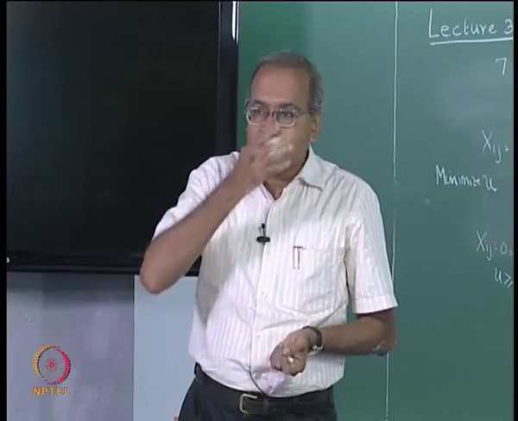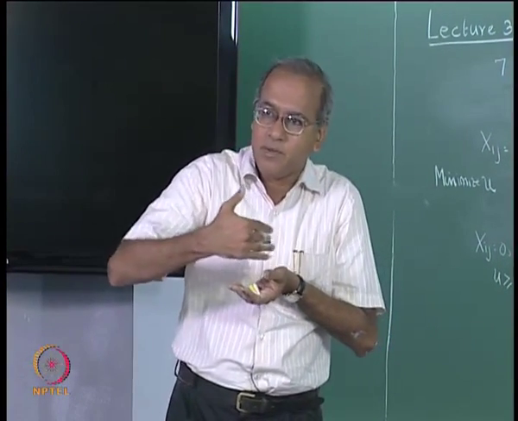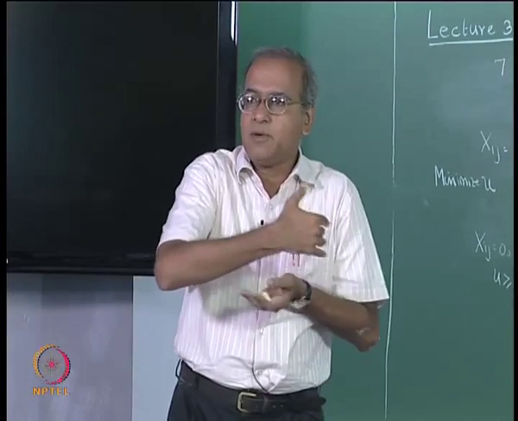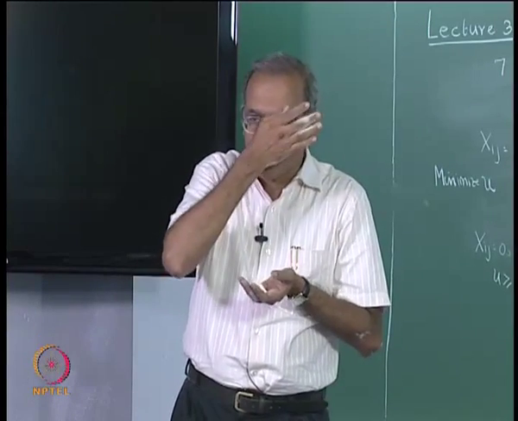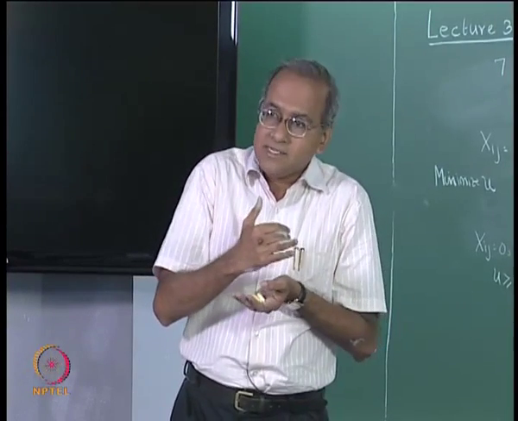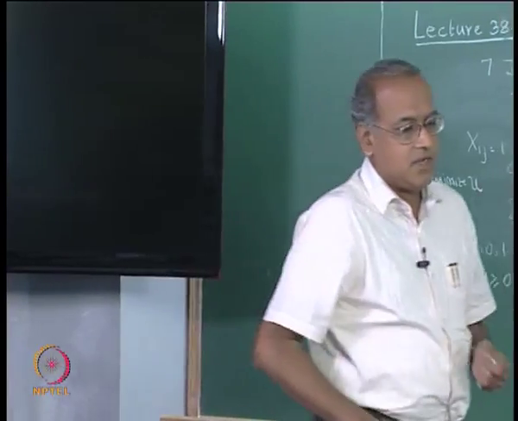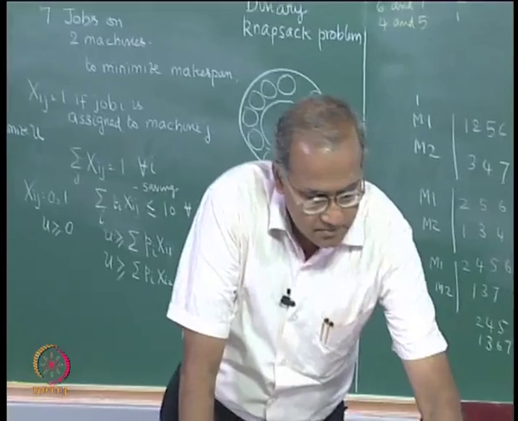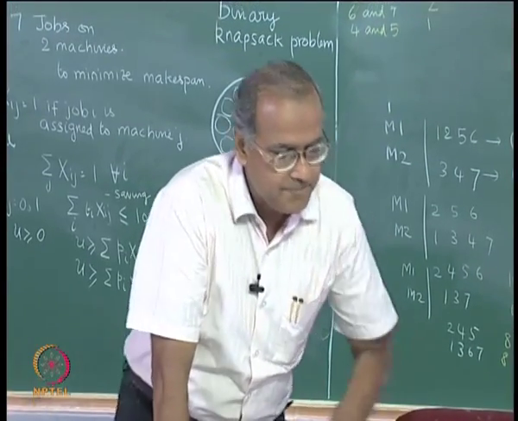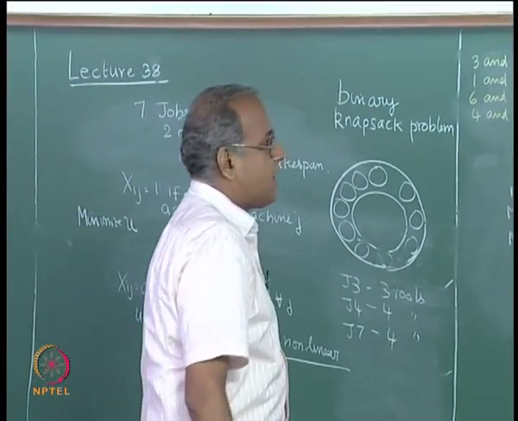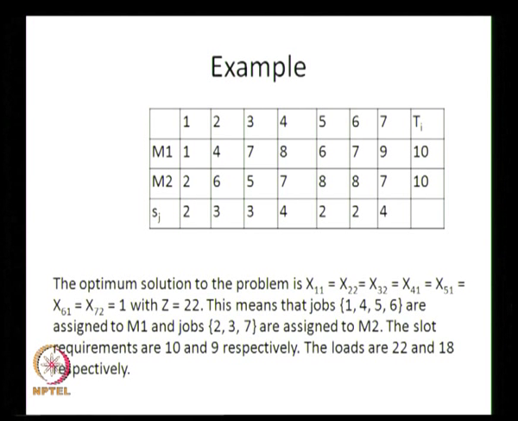And not only that, when I actually release something from M2, for example, if I am releasing job 6 from M2, by releasing job 6, if job 6 alone requires, if I have a situation where let us say I am releasing job 7 from M2 to M1.